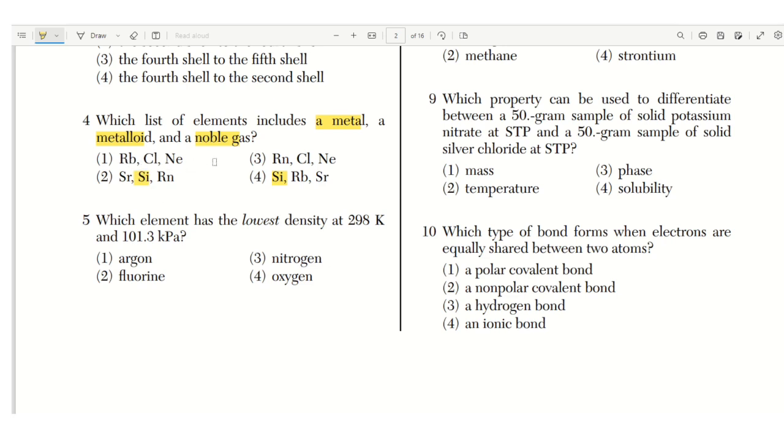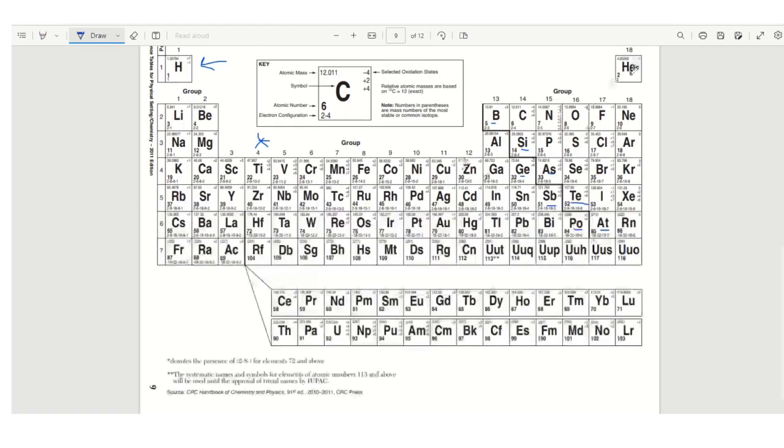Now I need a noble gas. Let's check. I know those two for sure have a metalloid. Now let's look at noble gases. Noble gases are group 18: helium, neon, argon, krypton, xenon, radon.